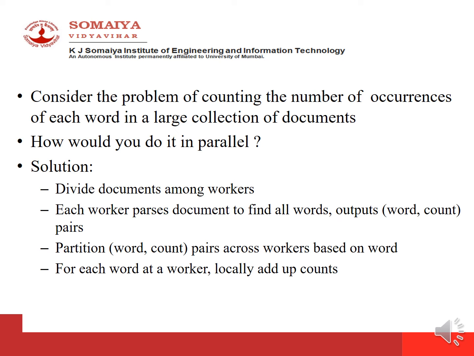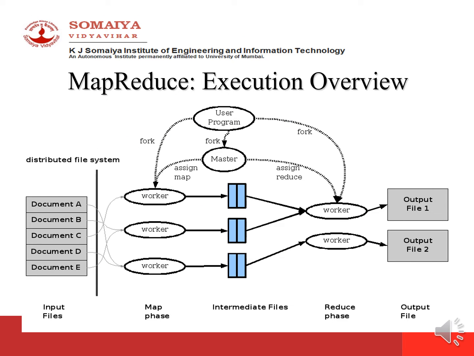Each worker will parse the document to find all the words, and finally it will produce the output, which is a word count pair. In between, the pairs are partitioned across the workers depending upon the word. For each word at a worker, it will locally add up the counts so that we get the total occurrences for the given word.